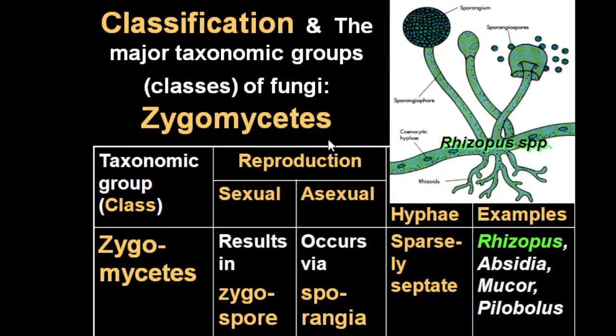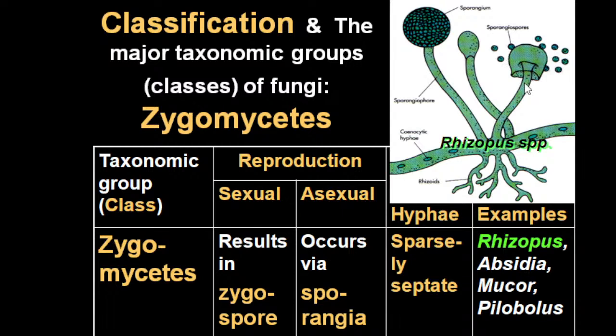Okay, so the first group is Zygomycetes, and they have both ways of reproduction, sexual and asexual. Sexual means with the help of meiosis, and asexual without meiosis, right? They result in zygospores development, and the asexual way is formation of spores through sporangia.